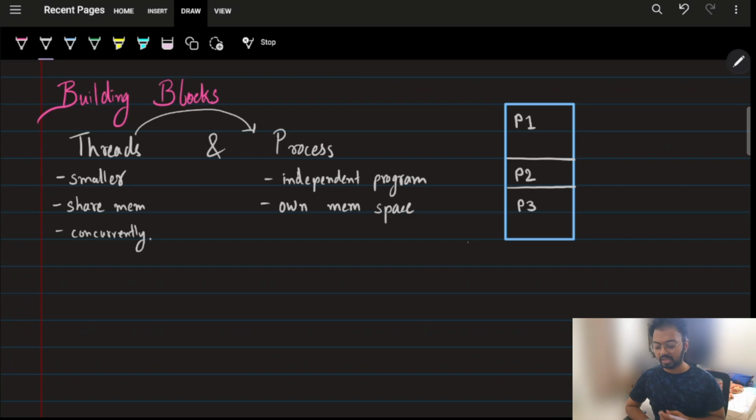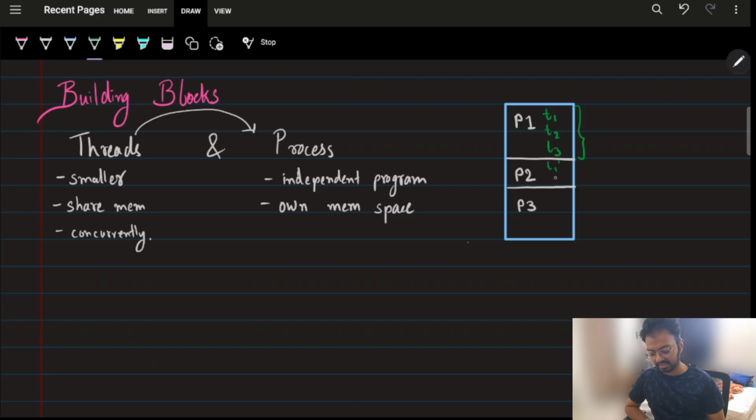However, then imagine threads. There can be multiple threads in place. There can be a thread T1, T2, T3, and these all share the same memory space of a process.